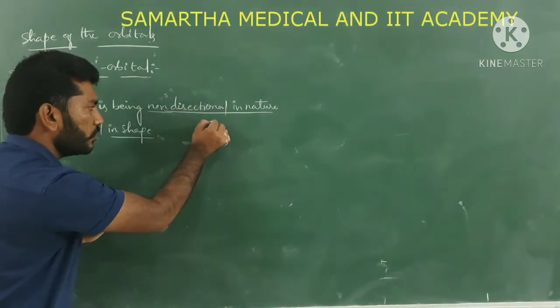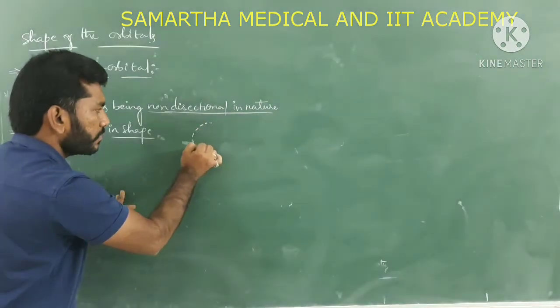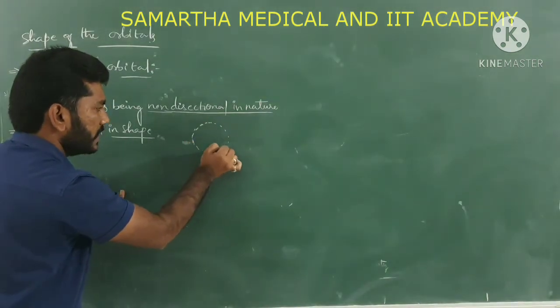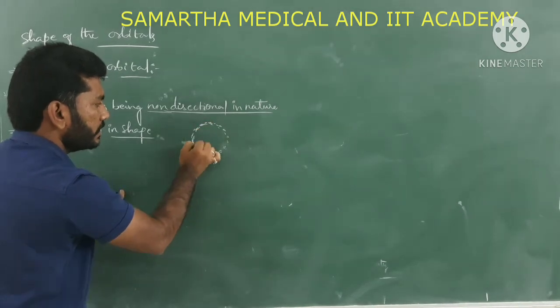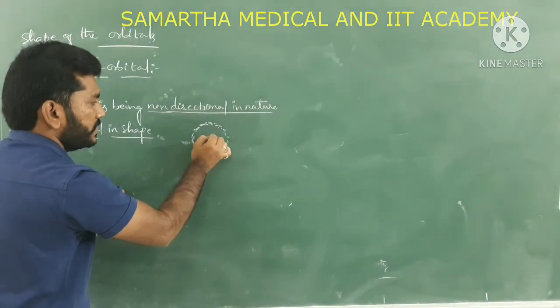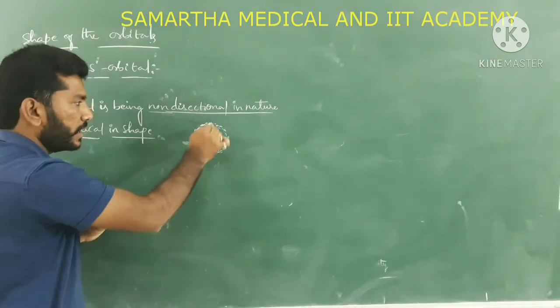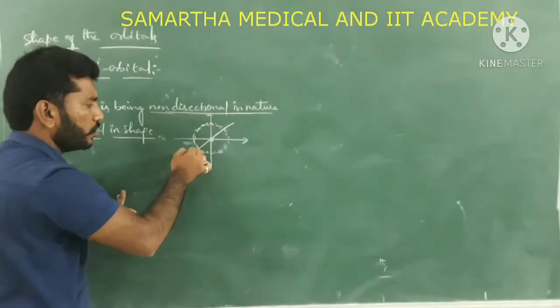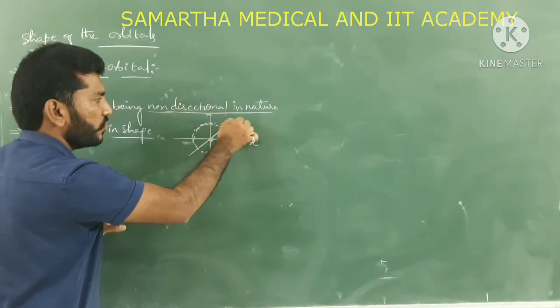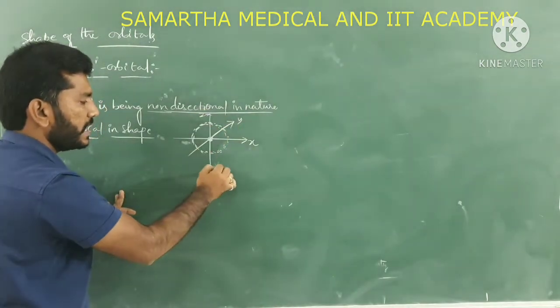Suppose you consider one particular atom, and the S orbital has a spherical shape, right? This is the nucleus. Non-directional means you go along any axis, x, y and z, x dash, y dash and z dash.